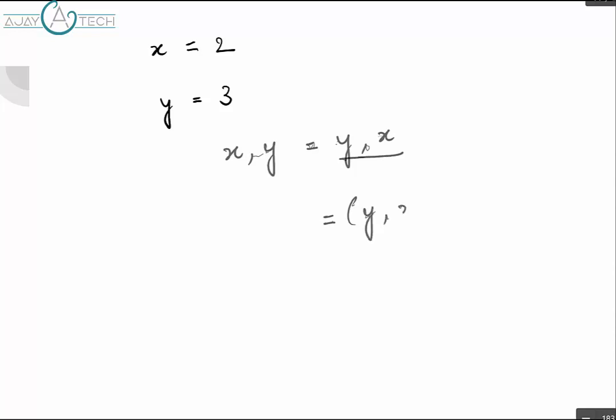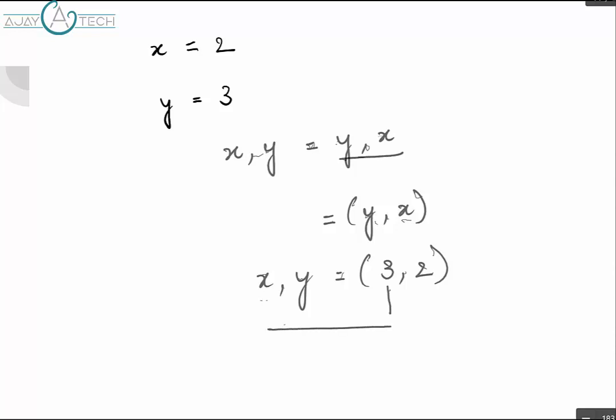So it first packs the values into a tuple, y and x contain the values 3 and 2, and here x and y. And the next step is to unpack the values in y and x.